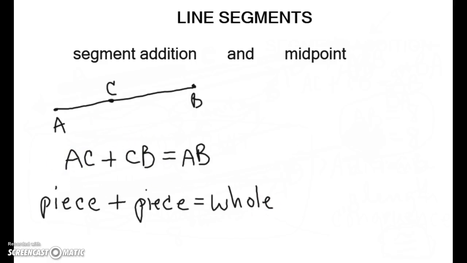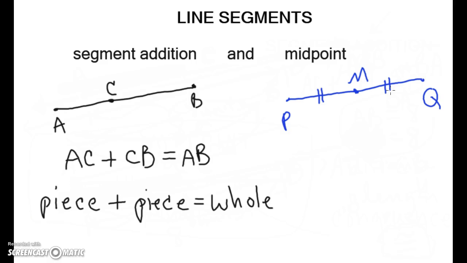Or we could have a different situation. We have a midpoint. So let's say we have a line segment PQ. Here's point P, here's point Q, and in the middle we have point M. And I know it's in the middle because I see these congruence marks that have been placed on the picture.